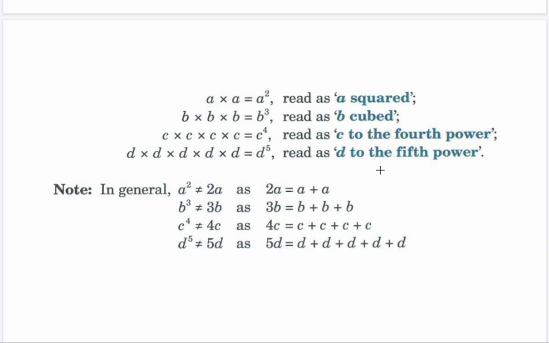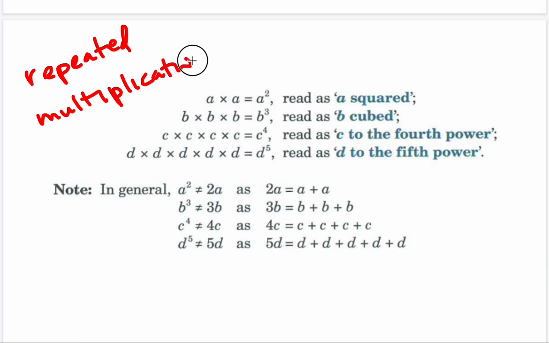Okay, but be very careful. We've talked about this before when we talked about exponents. Exponents are repeated multiplication, okay, not repeated addition, which is what some people get confused with. It's repeated multiplication. So a squared is not the same as 2 times a, because 2 times a is you're adding it 2 times.